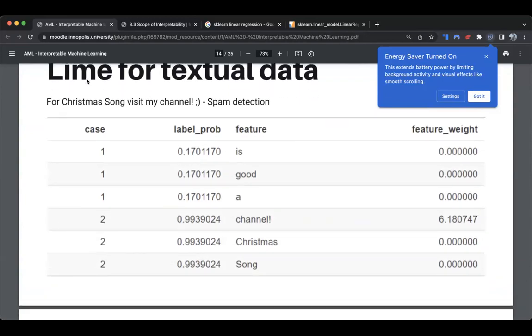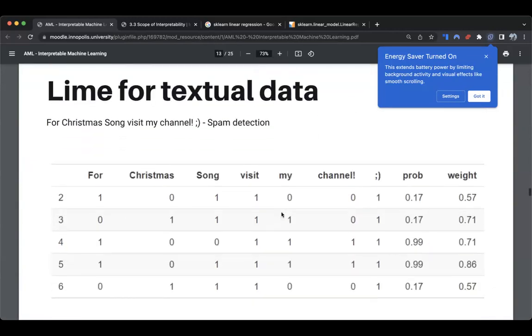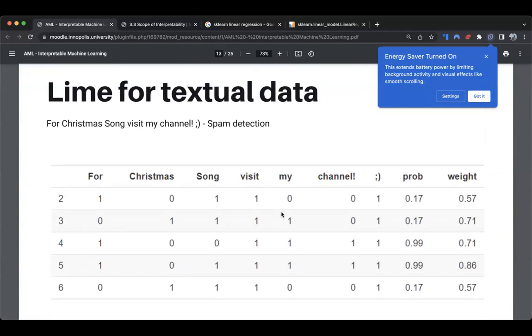So here we will interpret it as, this is the feature weight for the linear regression. And as you can see, the model does not care about the feature good, does not care about A, does not care about Christmas or song. What the model really focuses on when it's trying to do spam detection is the word or the feature channel. So channel is a word that is associated with the model always saying that this is spam.